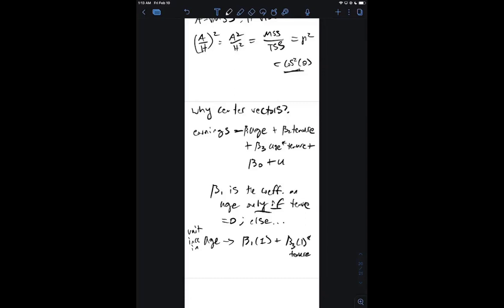And that's a little bit hard to interpret, right? Especially because it's not super plausible that tenure would be 0. Certainly it's not plausible that age would be 0. And so then we have a difficult sort of interpretation. It's not difficult, it's just sort of silly and unrealistic.